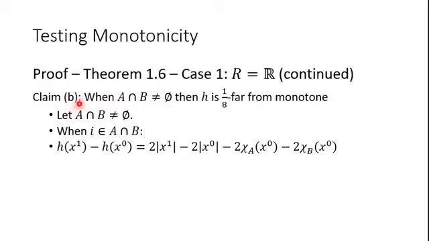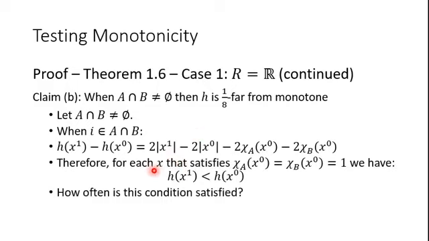So let the intersection between A and B be non-empty. So what happens when I is the intersection between A and B? Again, we will subtract h of x0 from h of x1, and we get the following term, and now we will see what happens.